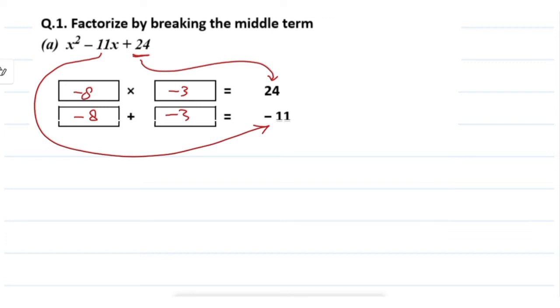So the middle term will be broken into two parts, negative 8 and negative 3.